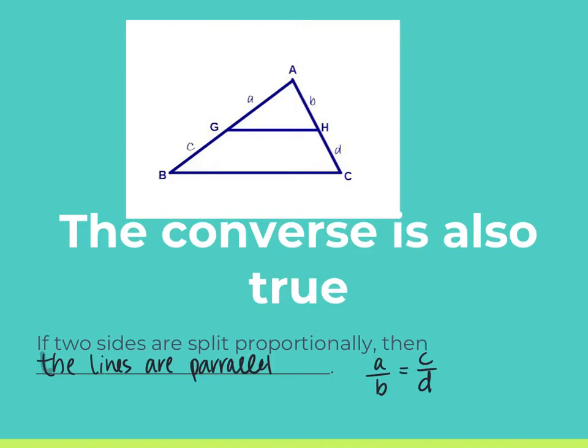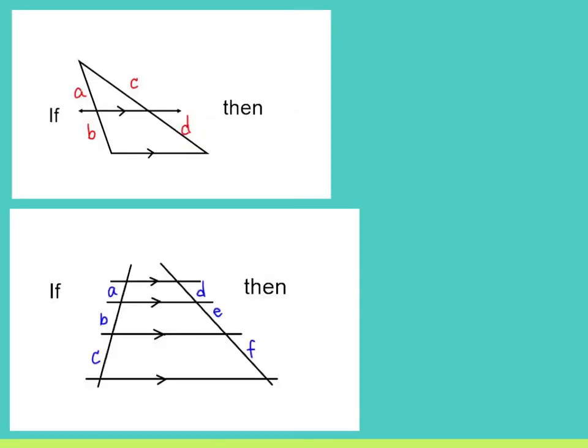If you're given a problem that asks if the two lines are parallel, all you need to do is set up two ratios and prove that they are proportional, either by simplifying to show that they are or by using cross products.